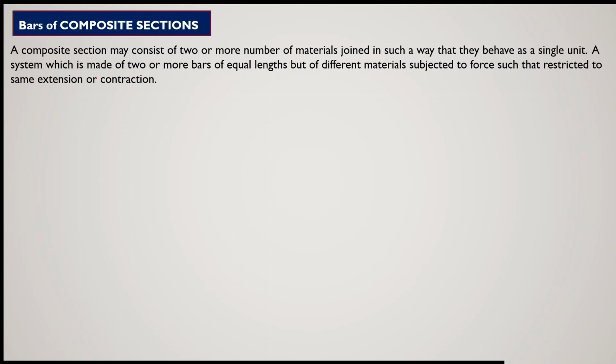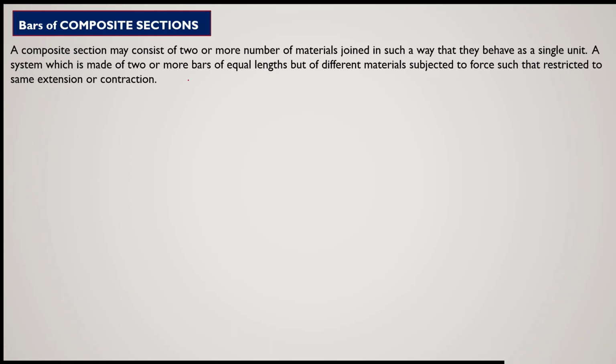It is a system made up of two or more bars of equal length but of different material, subjected to force such that there is the same extension or contraction.